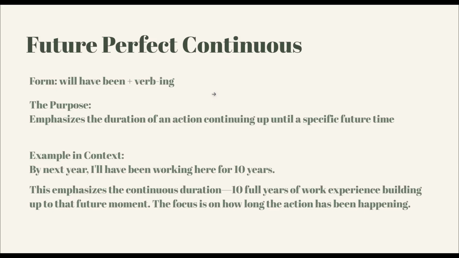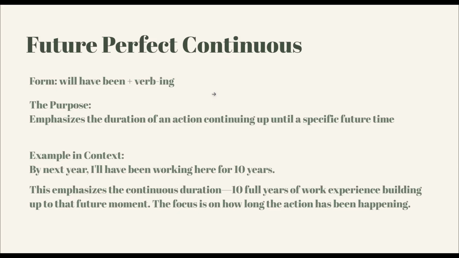So, might as well give an example. By next year, I will have been working here for 10 years. In this sentence, your attention automatically goes to the 10 years, right? Because we use future perfect continuous to emphasize the duration, and it took us 10 years of working here.